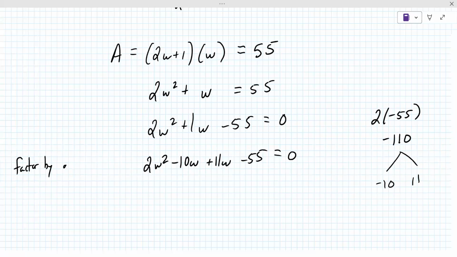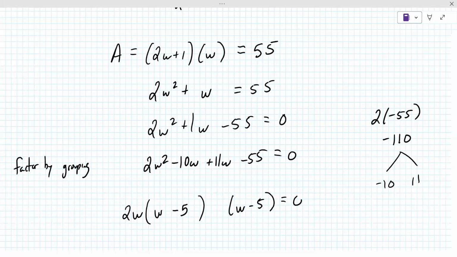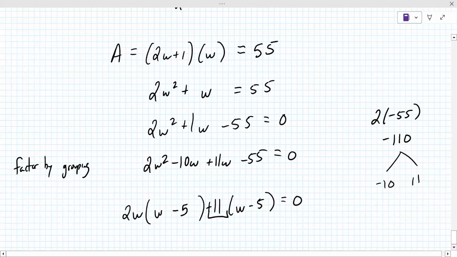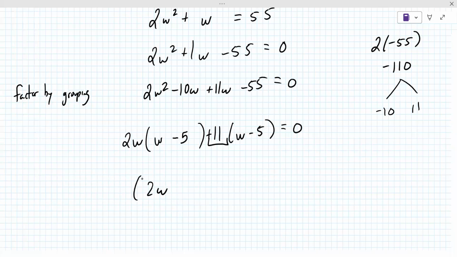So then you factor out 2W, and on the inside W minus 5. Then you get W minus 5. And then you put 11 on the outside, so it's plus 11, sorry. And then W minus 5.